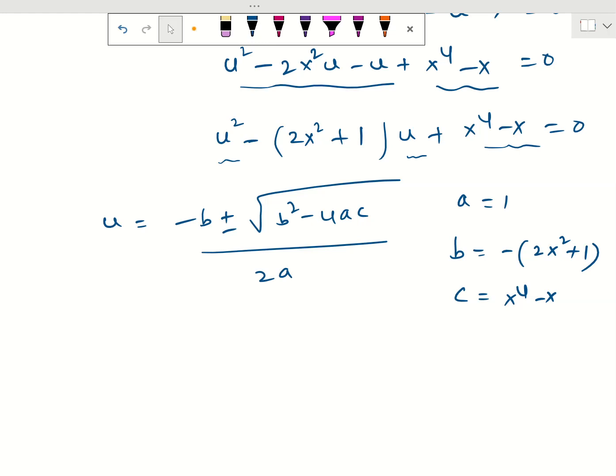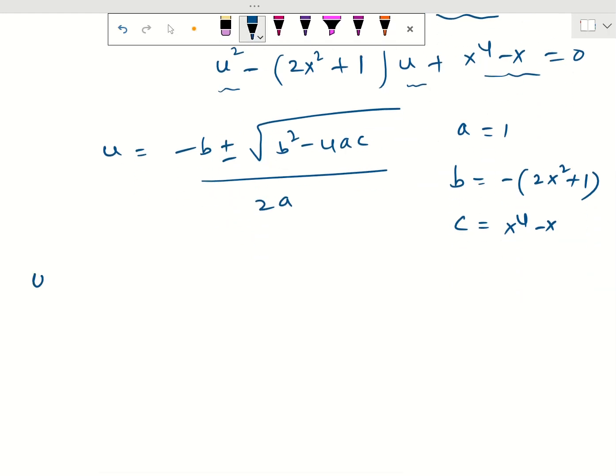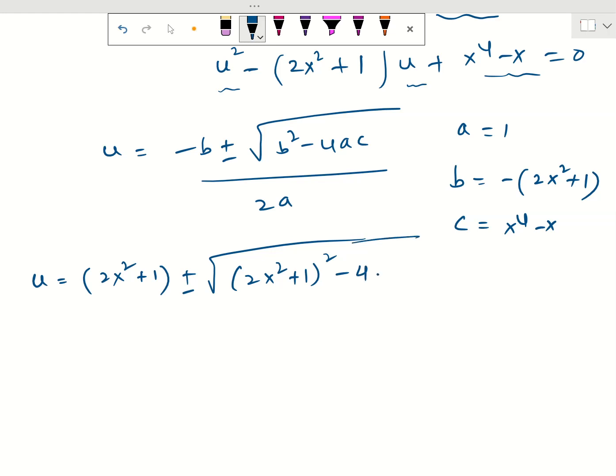If we substitute these values, we have u is equal to minus minus, which is plus, the bracket of 2x square plus 1, plus or minus square root of b square, which becomes positive, 2x square plus 1 whole square, minus 4 into a value 1 into c value x to the power of 4 minus x, divided by 2.